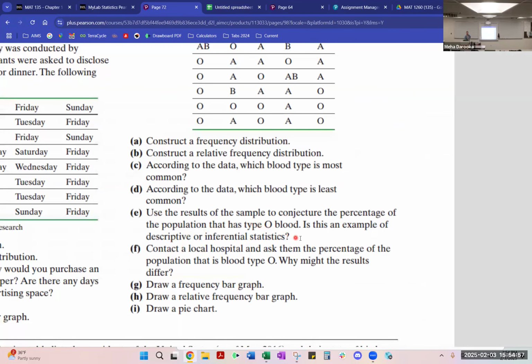So is this descriptive or inferential statistics? Do you remember what those two definitions were? I think Omar said inferential.